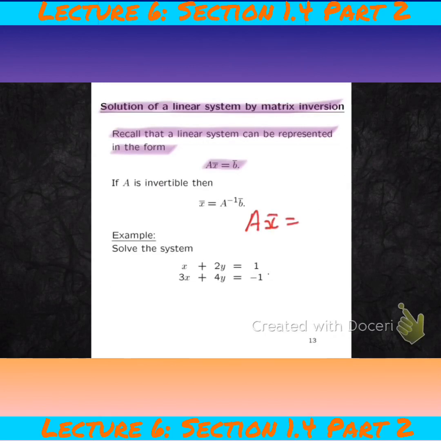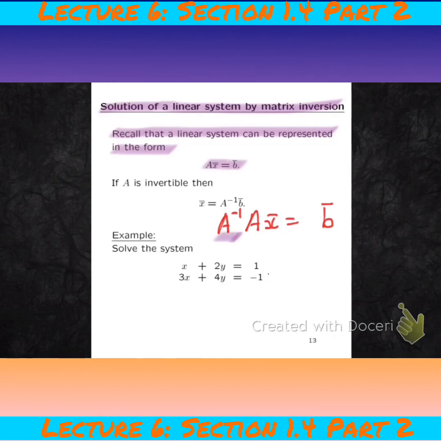And this is where you need to be careful with multiplication. I'm going to multiply on the left-hand side with A's inverse, but I have to maintain order.